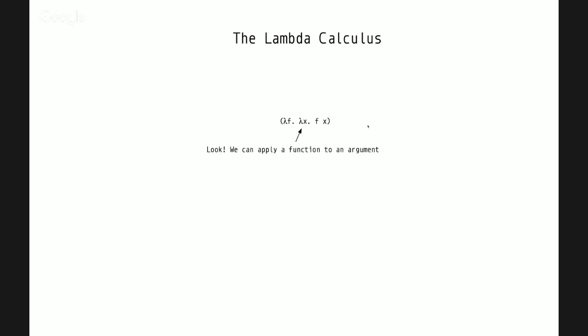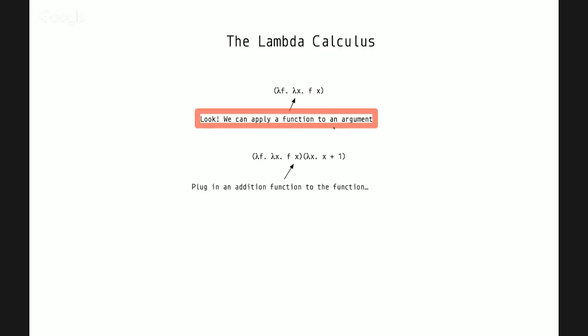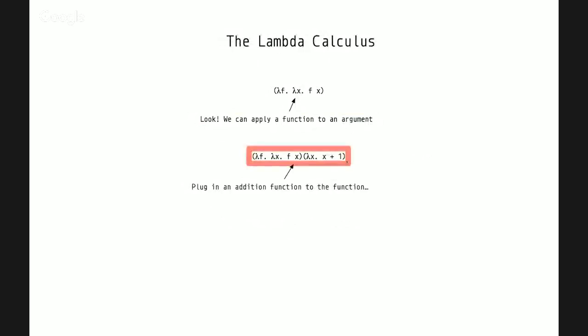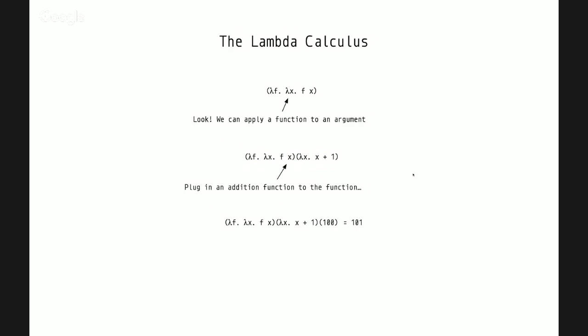Basically, we've got a function here that takes an f and it takes an x and it applies f to x. So let's imagine that f is a function that adds 1 to a value. We can plug in that addition function as the f, and then after that, we can plug in 100. And when we evaluate this, we're going to be applying the lambda x plus 1 to the 100, and we're going to get 101 out.